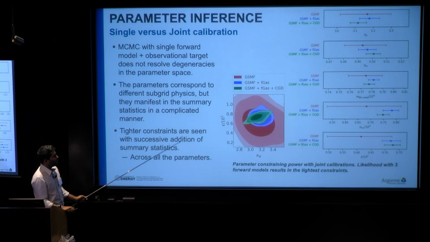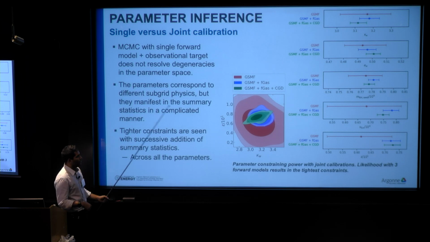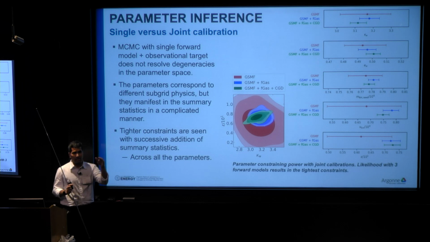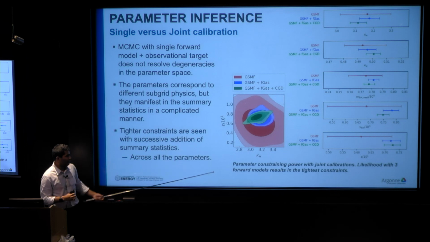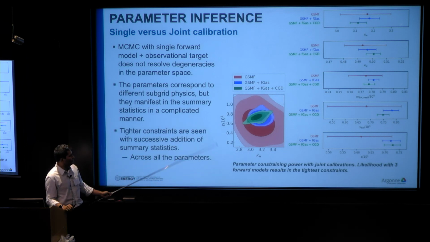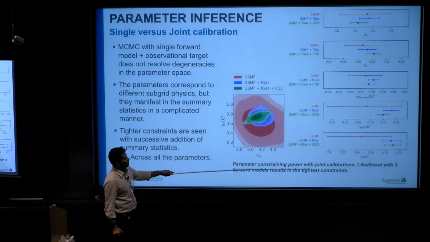If you look at the difference between running just one forward model, like in a single likelihood, versus if you successively add different summary statistics in your joint likelihood, you can see the differences in how tighter the constraints get. But in addition to that, you also see sometimes there are multiple modes, and some of those modes can go away when you increase your components in your joint likelihood. This here is shown for 2 parameters, but we essentially see this everywhere across all the parameters.